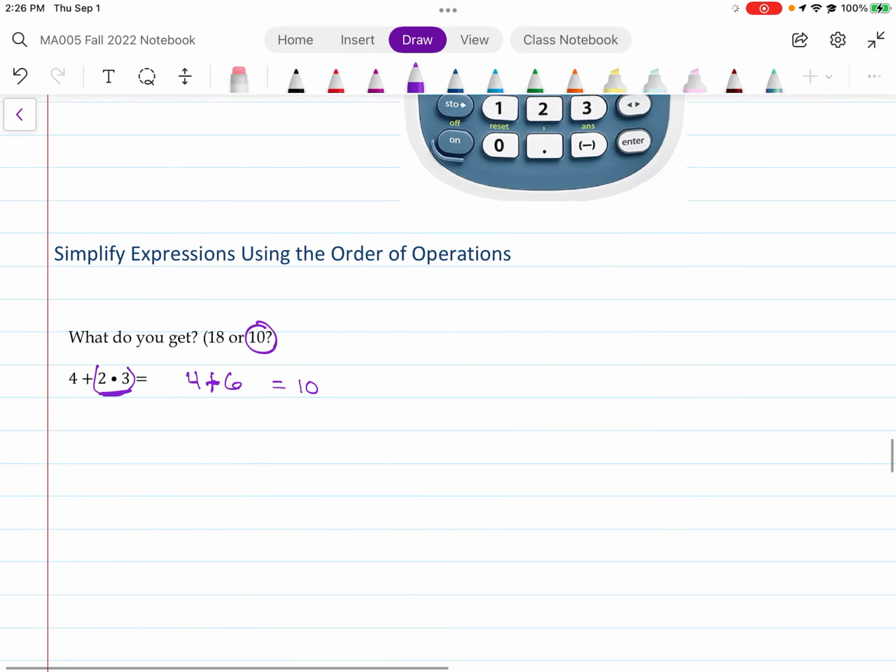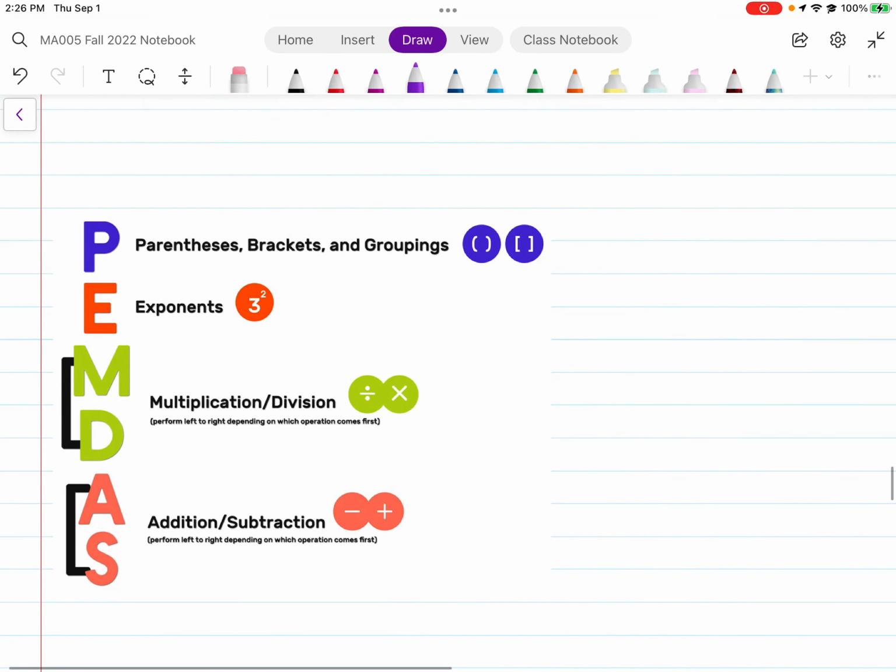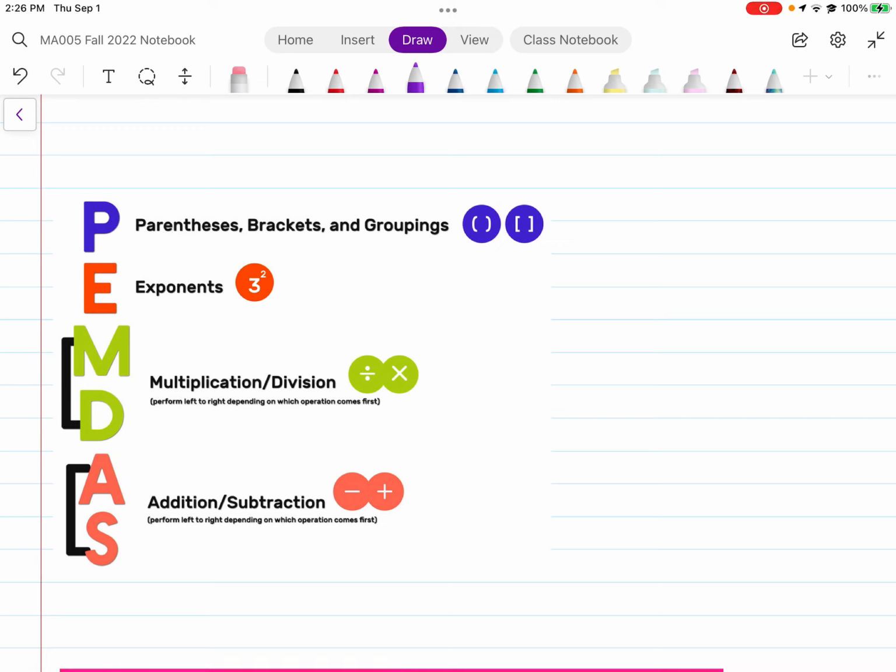All right, so this is our PEMDAS. If you have forgotten it, this is probably what you learned in elementary, middle school, hopefully. And if you didn't, you need to talk to me about it probably, but I'll just briefly tell you. PEMDAS stands for first we do any sort of parentheses, brackets, and grouping symbols. Okay, so remember I talked about that above. Then we do exponents.